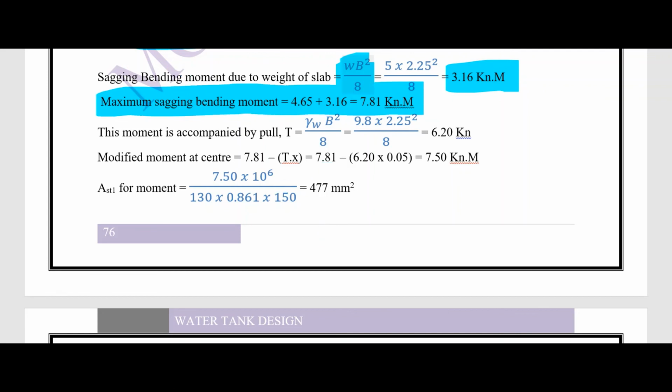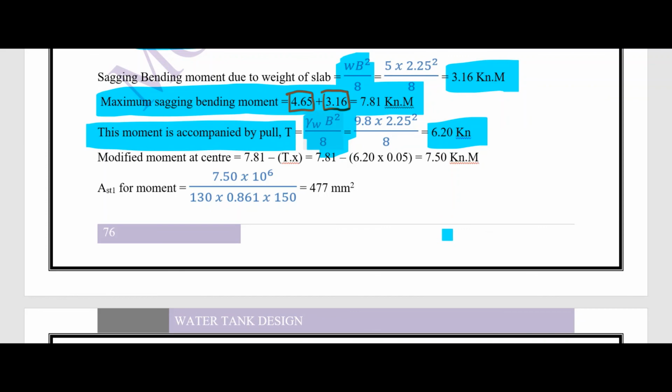The 4.65 moment is by the water pressure, and 3.60 is by own weight of slab. Then after we have a pull force, gamma W B square by 8, so 6.20 kilonewton.